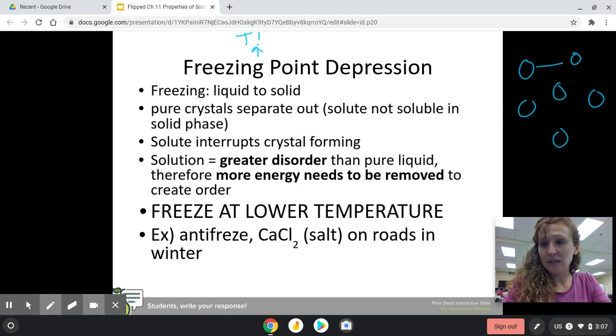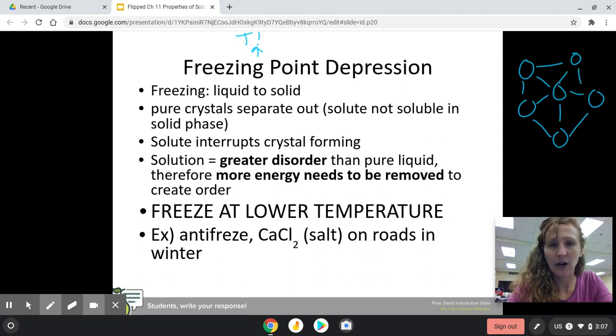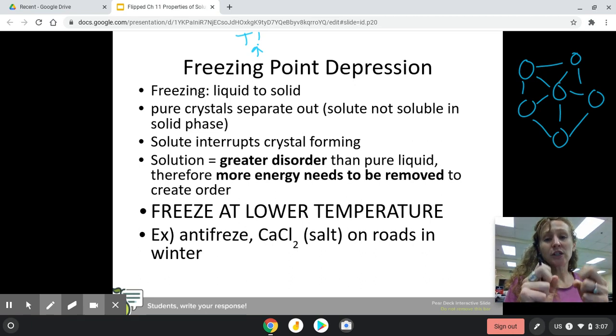And so it forms this crystallized structure. This is not what water actually looks like, but we can pretend for now. It forms this crystal structure because the molecules have slowed down enough for that attraction between the molecules, that intermolecular force, to lock them into place.